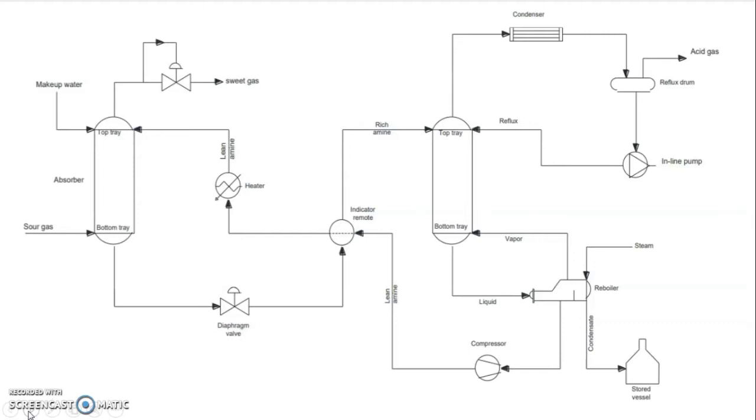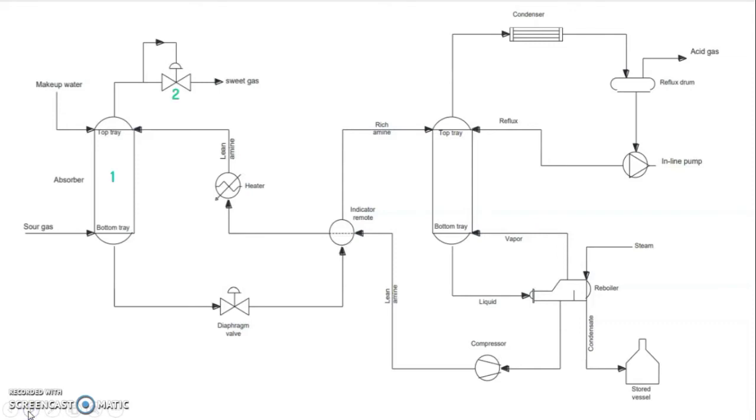First is the distillation column, or I will call it the absorber. The function of this unit operation is used in industry to separate gas by washing a gas mixture with a suitable liquid. Next is the diaphragm column.